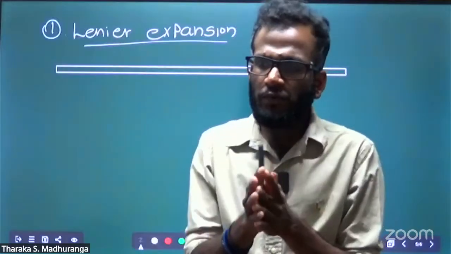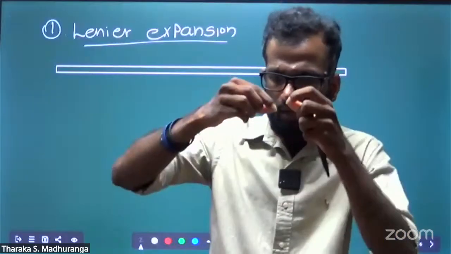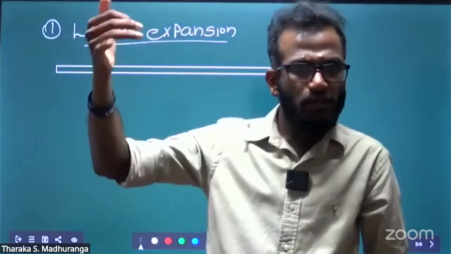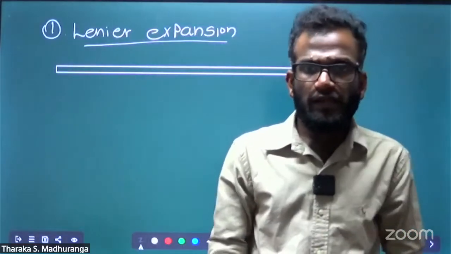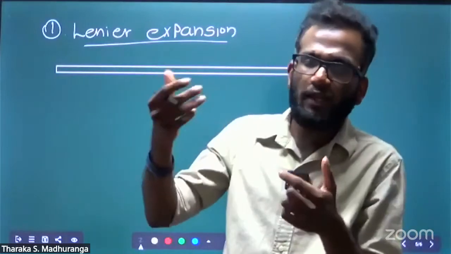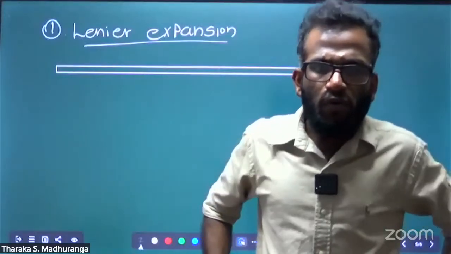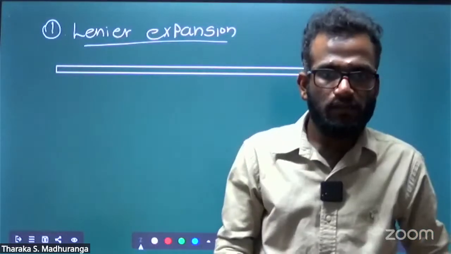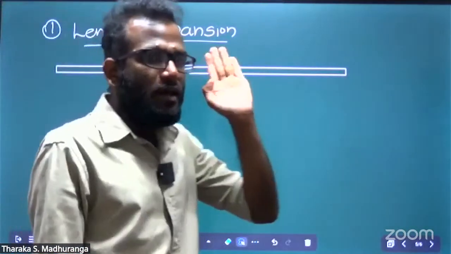If you consider an object like an iron rod, as used in construction, when temperature increases, can we observe area or volume expansion? No, only one dimension is increasing, only length is considered. This type of expansion we call linear expansion.